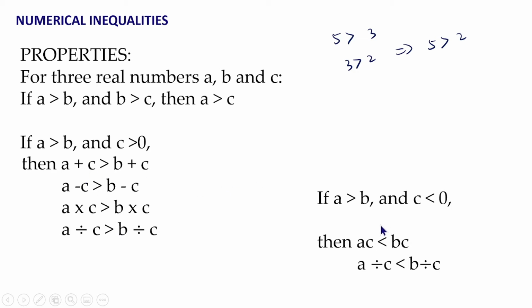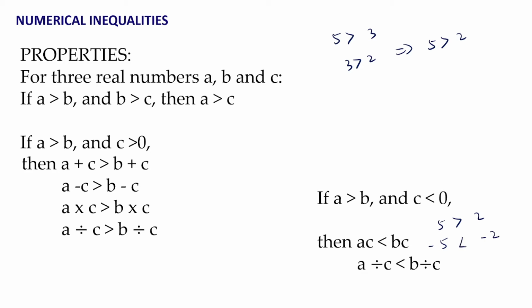Now coming to the next situation, if A is greater than B and C is less than 0, that is, C is a negative real number, then A into C will be less than B into C, and A divided by C will be less than B divided by C. For example, we have 5 greater than 2. If we multiply both sides by, say, -1, we have -5 here and -2 here.